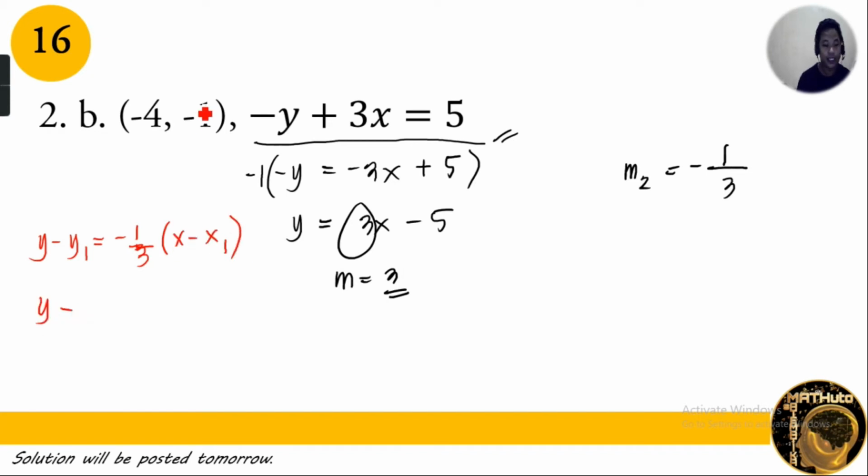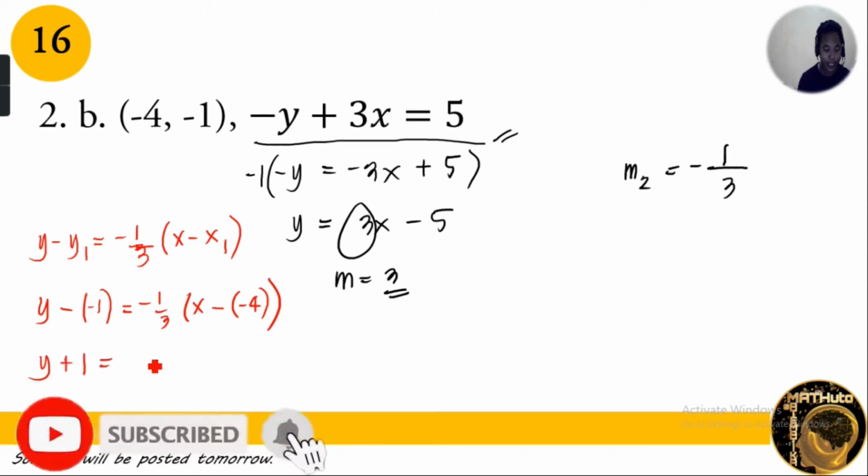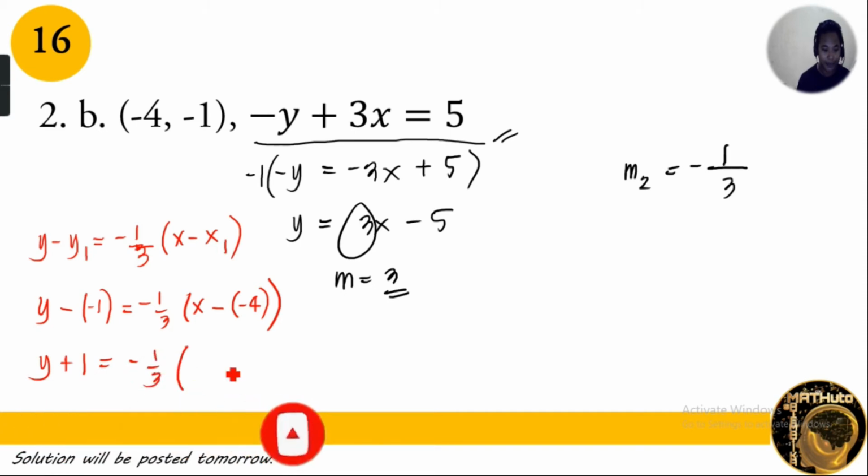Using negative 1 for y sub 1, negative 1/3 times the quantity of x minus x sub 1, which is equal to negative 4. Simplify po natin. y, negative 1 times negative 1 is positive 1, is equal to negative 1/3 times the quantity x plus 4.